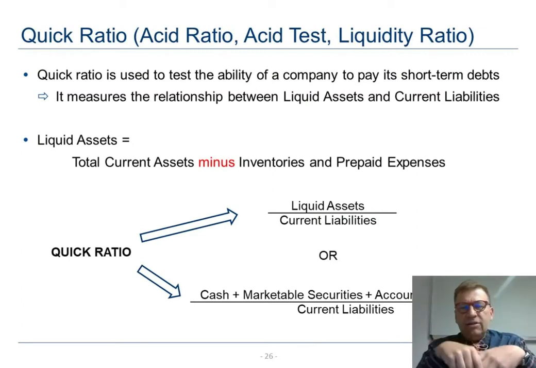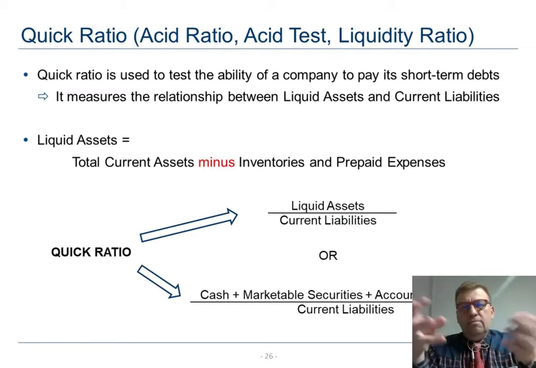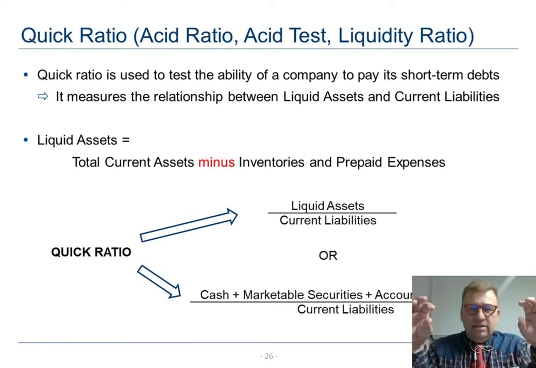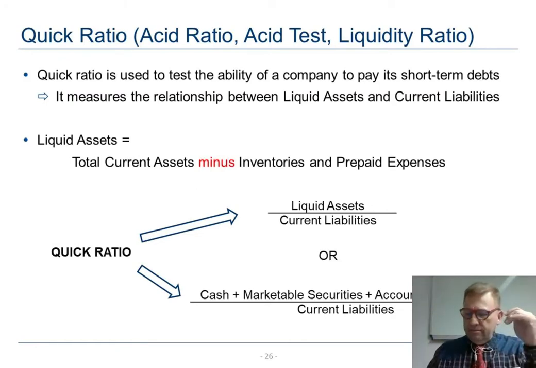Liquid assets are cash plus marketable securities plus accounts receivable. That is what you have in your account or in cash, plus some commercial papers or securities that you could quickly sell, and what you expect to receive from your business partners as payment for your products. And these liquid assets are divided by current liabilities. This is what the company has to pay within a year.